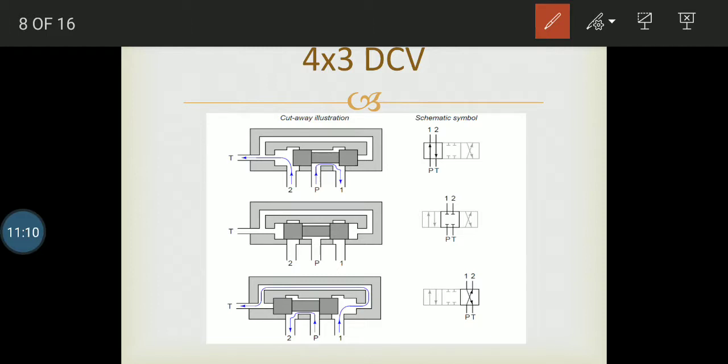In this section I am having ports 1, 2, 3 and 4. These are the 4 ports.